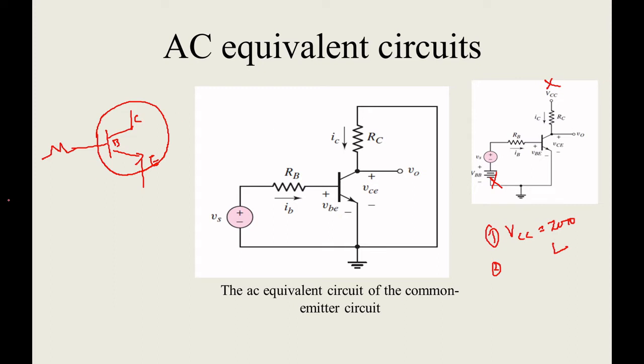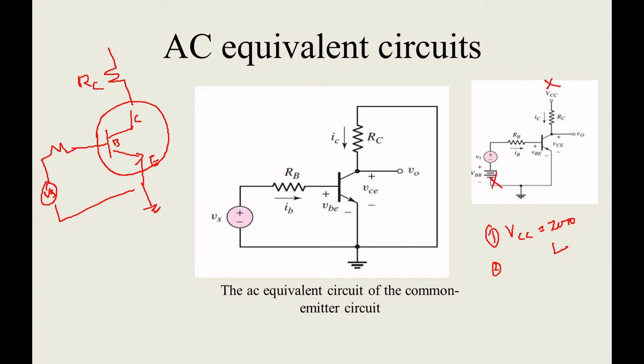In the AC analysis, you want to consider your small signal vs, and this is to be removed, right? So I have removed it from the circuit, and I have removed this DC also. That means you will be getting it like this, right?